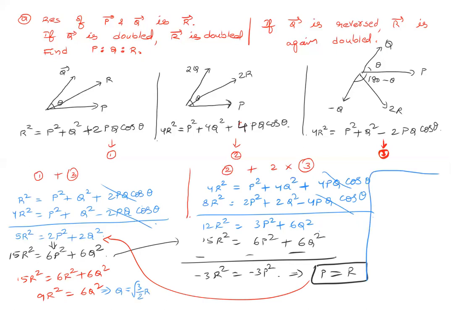So finally your answer is p is to q is to r is r is to under root 3 by 2 times r is to r. So that will give you root 2 is to root 3 is to root 2. Okay, so I hope you must know how to simplify ratios. So this is how you solve it. Right, next.